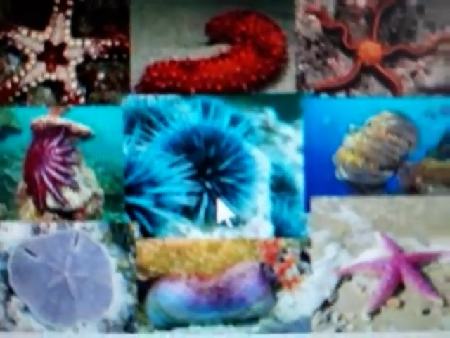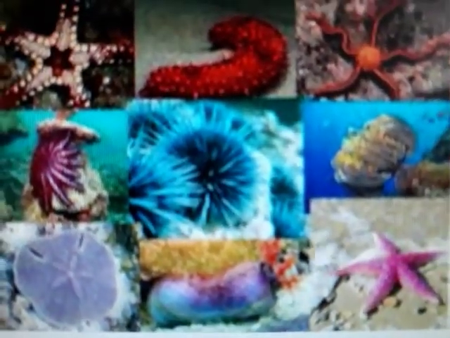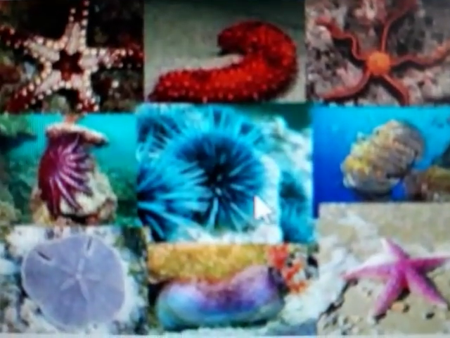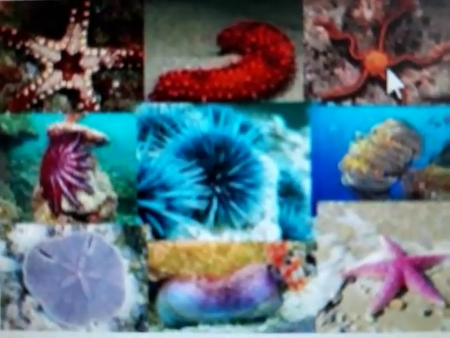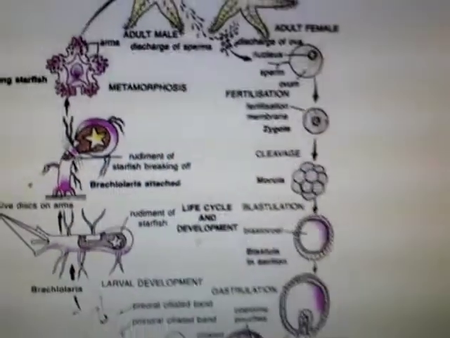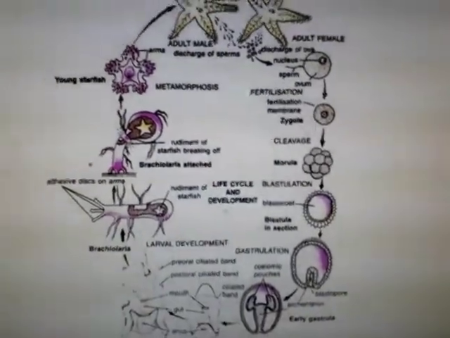These are echinoderms, phylum Echinodermata. Starfishes, sea urchin, etc. Brittle star, Ophiothrix. Life cycle of starfish.